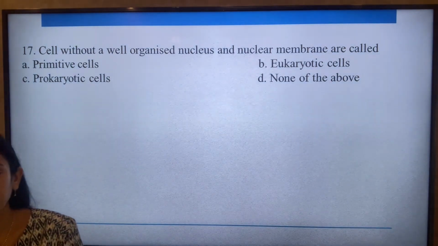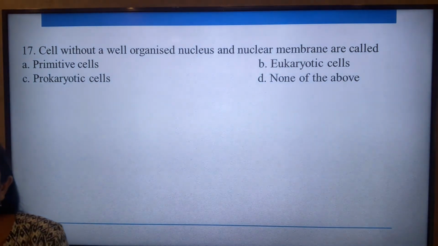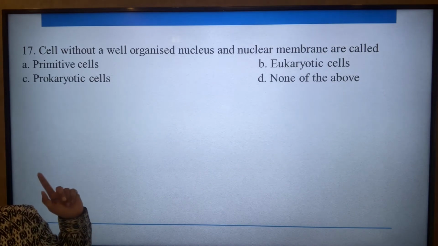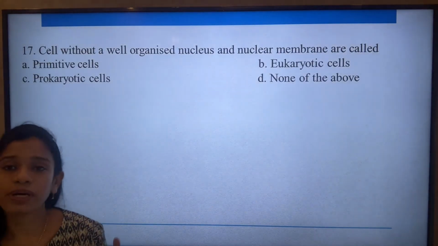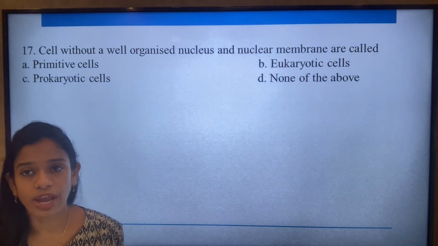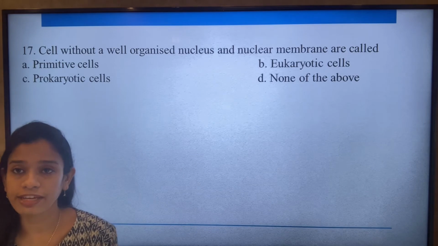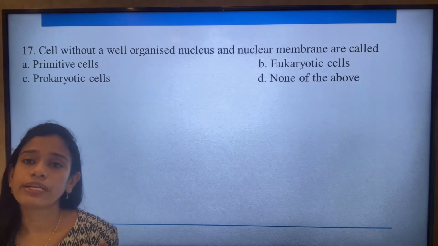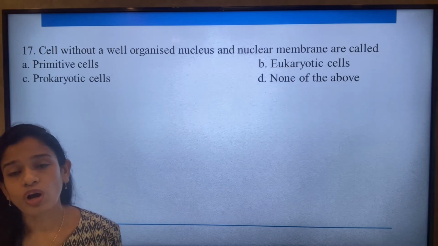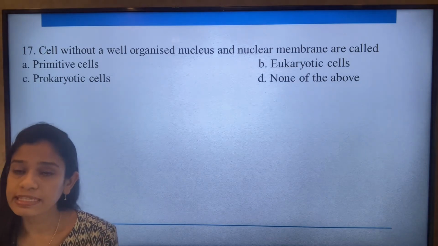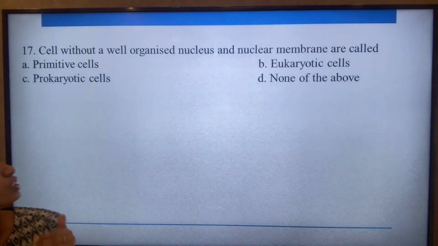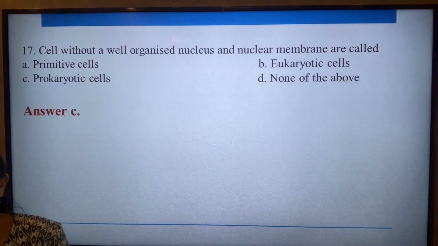If in the options you have primitive cells and also prokaryotic cells, in such a situation you should answer prokaryotic cells because that is more scientific. We call it primitive, but from the language of cells, it has to be told as prokaryotic cells. So option C is the correct answer.